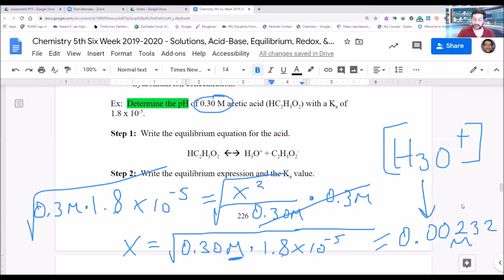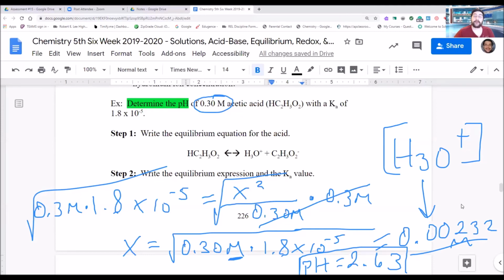Don't use just the 0.00232 number that I have here. Use everything the calculator gives you. So I type that in, and I am ending up with a pH value that is equal to 2.63.